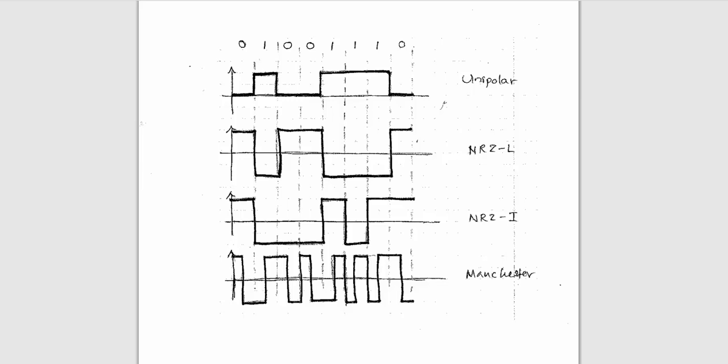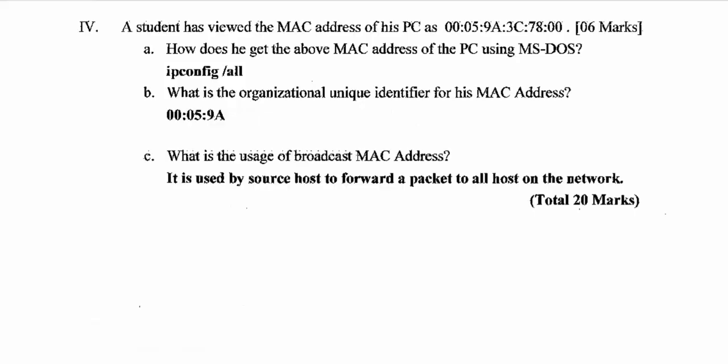Another one is there, that means again negative to positive, and for the third one again we have to go from negative to positive, and for the last 0 we have to go from positive to negative. So these are the signals we have when we use these encoding schemes.